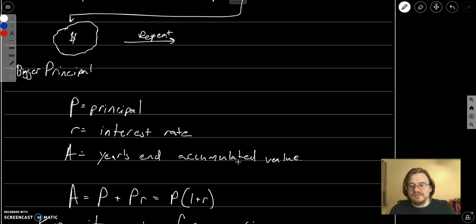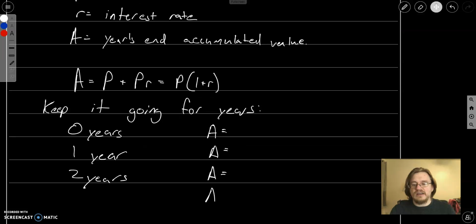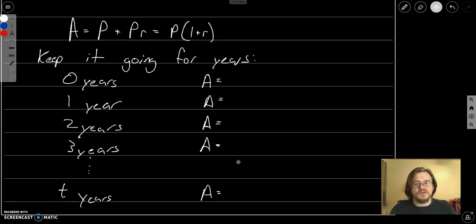This is the usual way of writing this. So at the end of the year, the amount that we'll have is going to be the principal times 1 plus the annual rate. Now, if we keep it going for a few years, we can write up a nice little formula. If we hadn't invested this at all yet, so at 0 years, we're just going to have our principal. We haven't earned any interest yet.